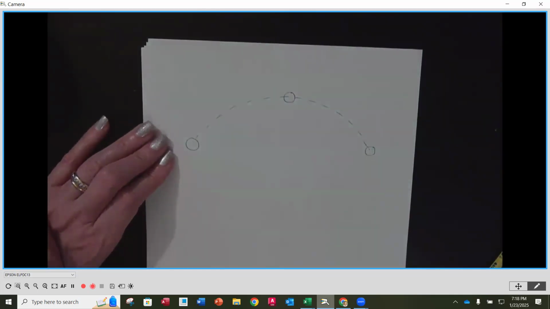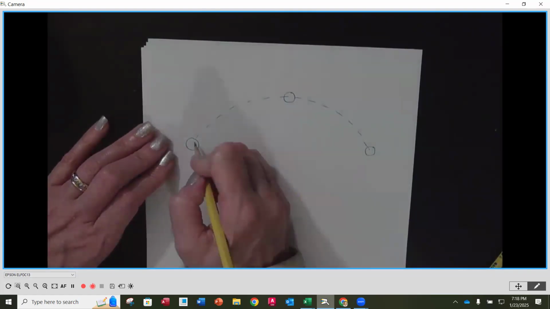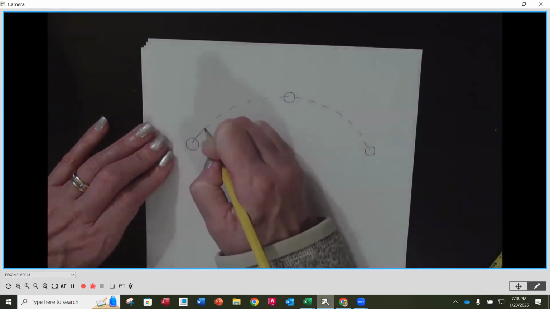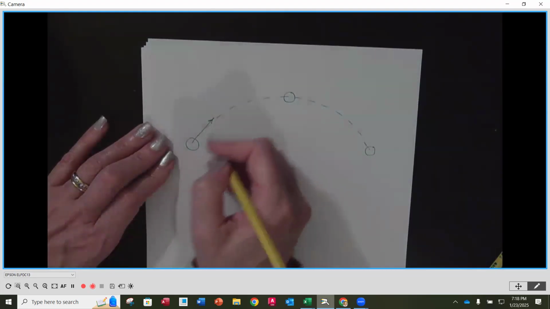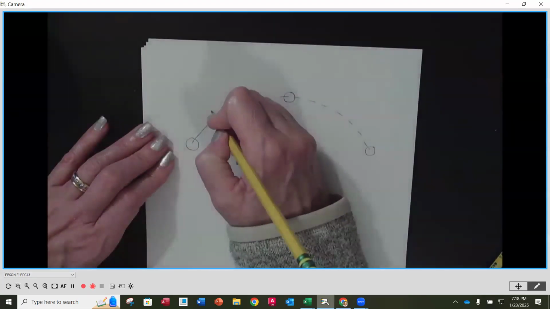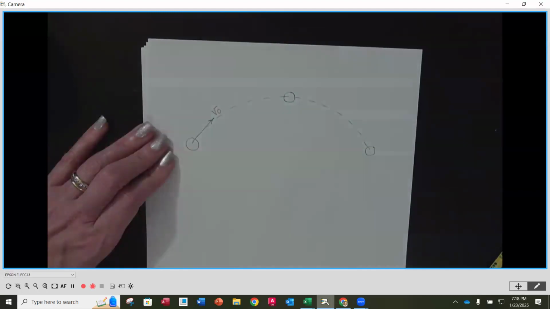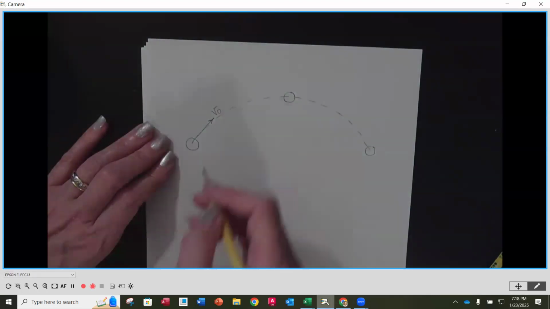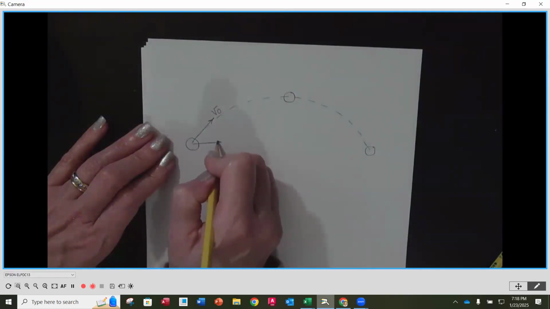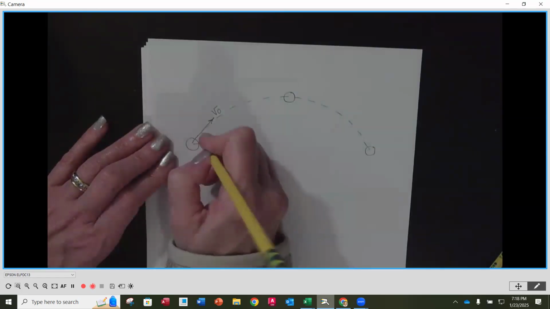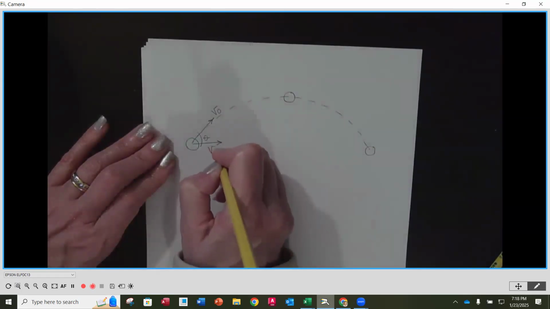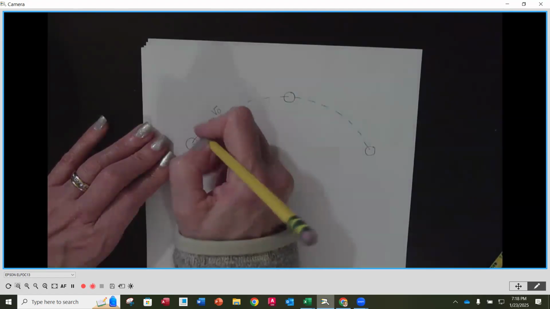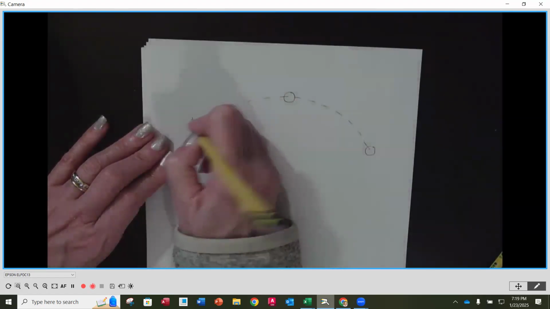If we show the velocity of that ball being thrown, it would be at some angle. This would be our original velocity. That means there's going to be an x component and a y component, so this would be VOX, and then we would have a VOY.